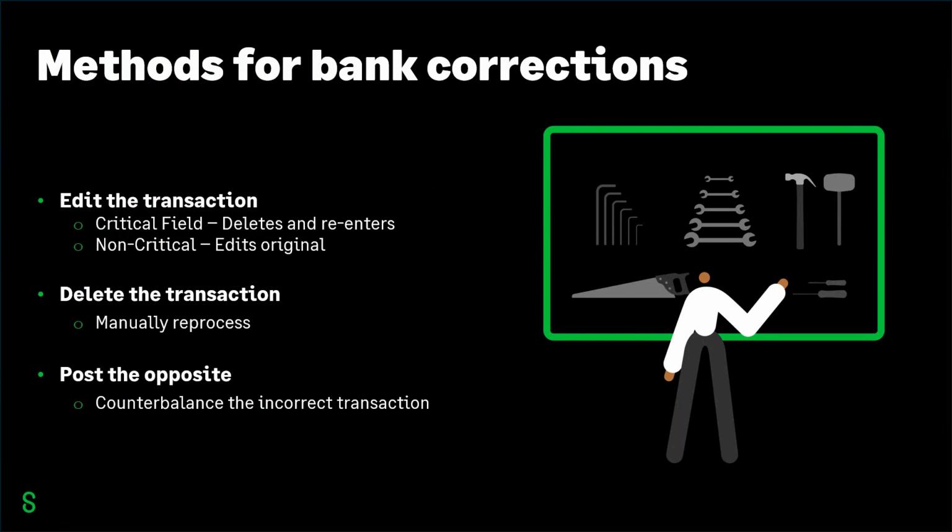It's going to be down to whether you edit a critical field, which will delete and re-enter, or a non-critical field, and that will just edit the original. I'm going to cover a little bit more about this in just a moment. You can also delete the transaction and then manually reprocess, or you can post the opposite, so counterbalance the incorrect transaction.